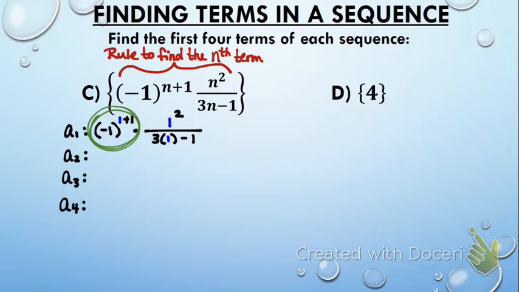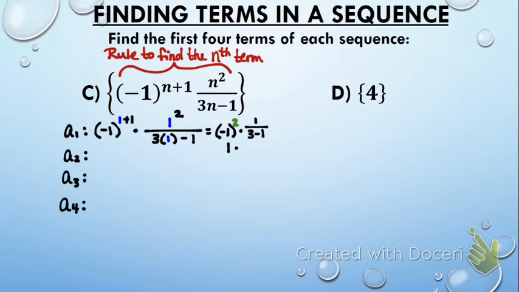What is this out here controlling? Positive or negative. All it's doing is controlling the sign. For the first term, is it going to come out to be positive or negative? Positive. Because I've got -1 squared, that's going to give me a positive 1 there, times 1 squared is 1 over 3 minus 1.